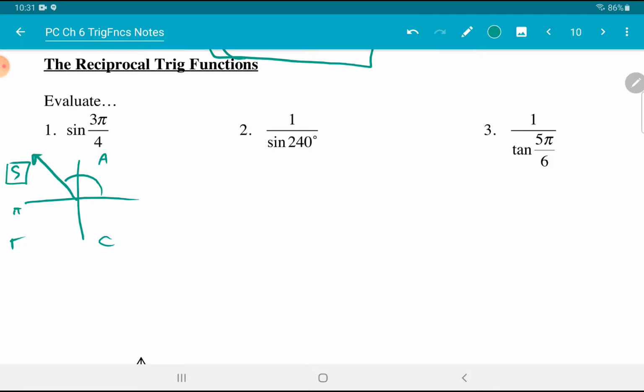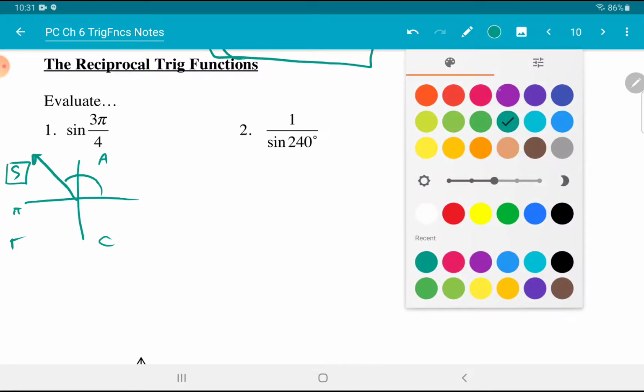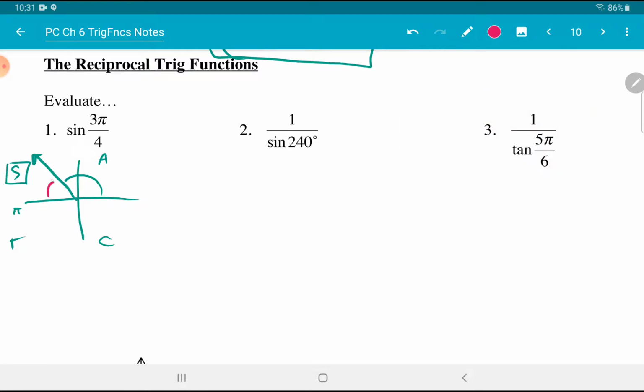So we can go ahead and find sine of 3 pi over 4 by understanding what its reference angle is. From 3 pi over 4 in quadrant 2, that'll give us a reference angle of pi over 4. And so therefore, sine of 3 pi over 4 is really equivalent to sine of pi over 4.